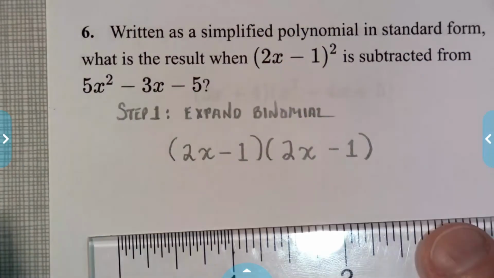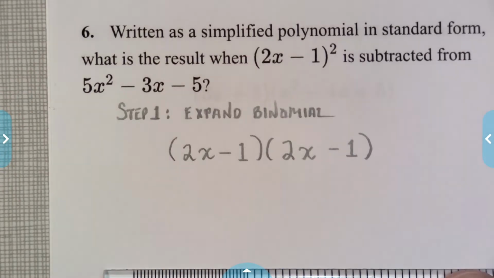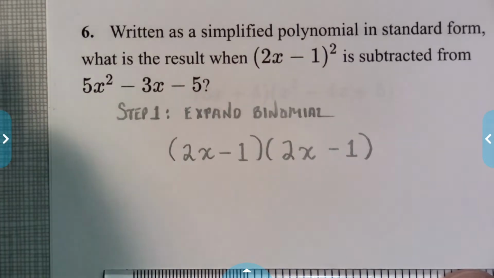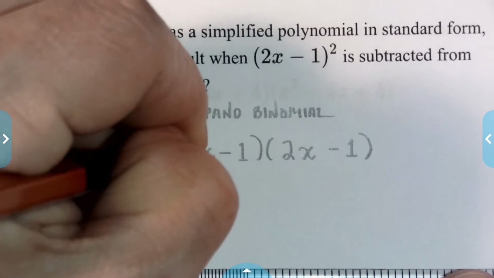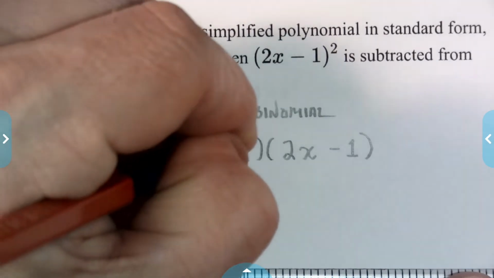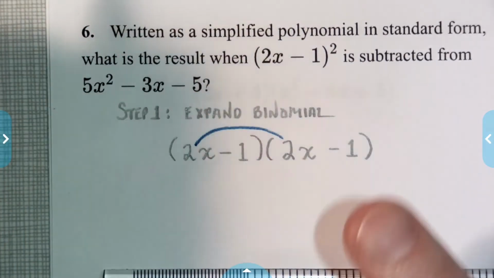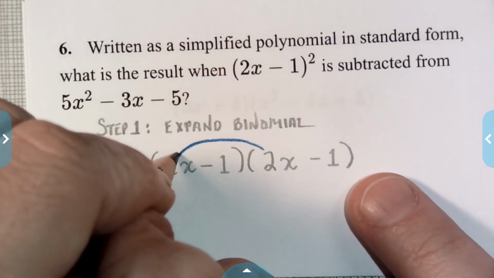All right, now let's see what happens, because this one isn't the plus, this one's the minus. But here's the half moon method, okay? You'll see what I mean. So it's first times first, right? So the student actually showed me this. First times first, outer times outer.